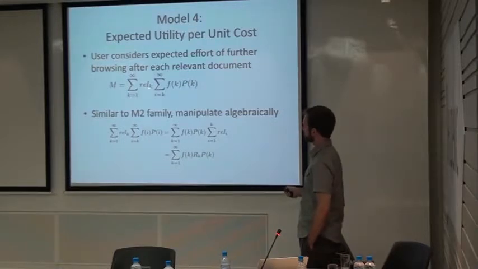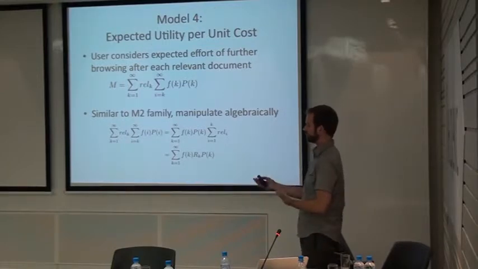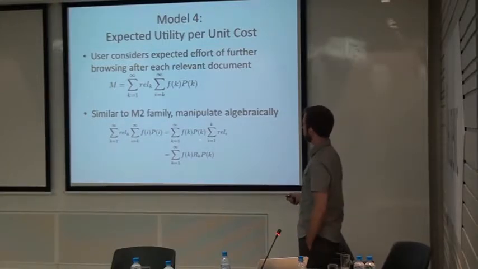So this is the general way to do the conversion from the discounted gain formulation to the expected utility formulation. To get DCG out of this, we define our cumulative density function as 1 over the log of k plus 1, which is the DCG discount.